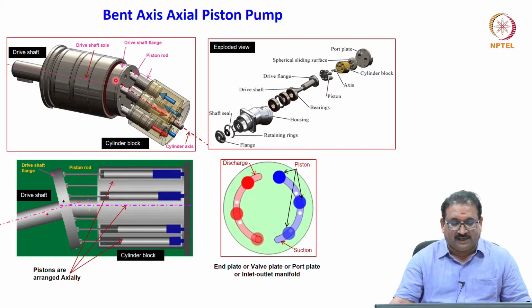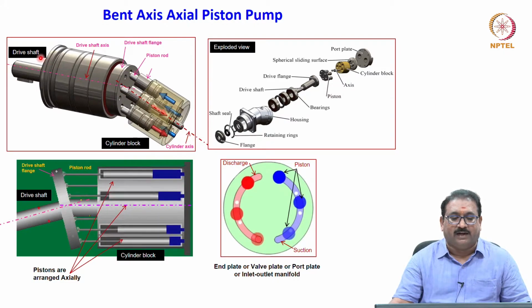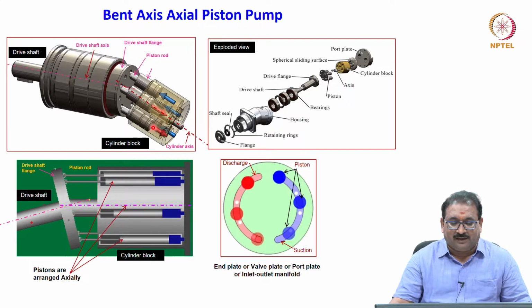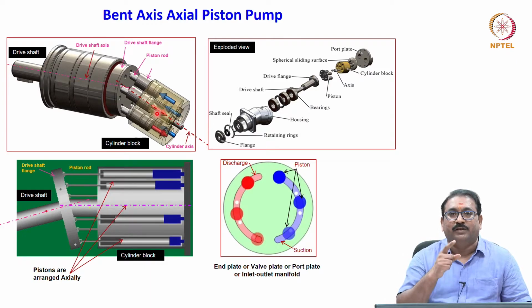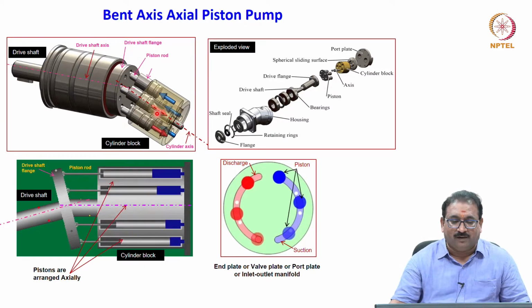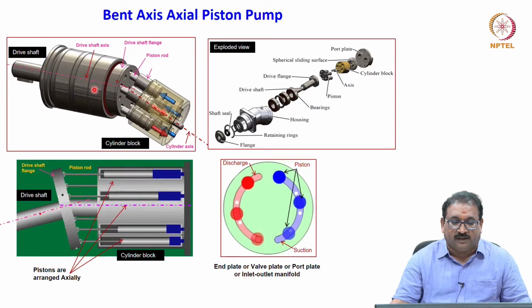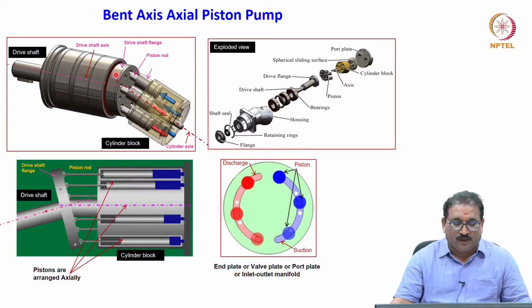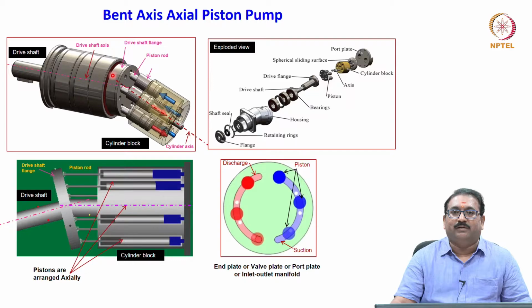Now assume there is an angle between the cylinder block and the drive axis. And see here, the cylinder block contains various grooves in which pistons are inserted. Then you will see the piston rods are connected to the drive shaft flange using joints.